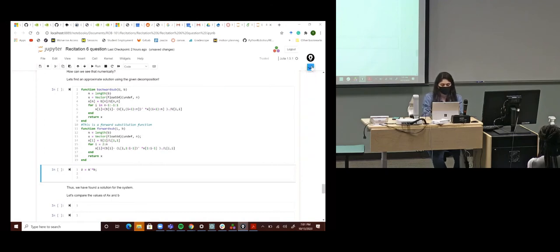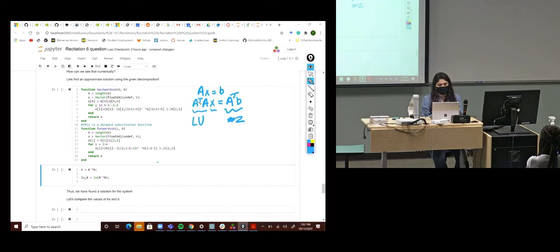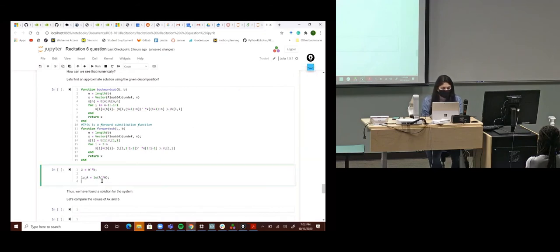What I will do is a forward substitution. I will first find my LU decomposition. So LU of A is equal to LU decomposition of A transpose times A, because what is my new A? My new A is this term right here, A transpose times A. I use that and solve how we normally solve with LU decomposition.